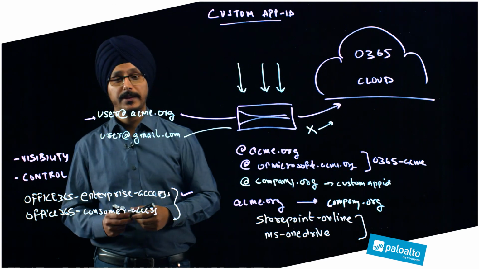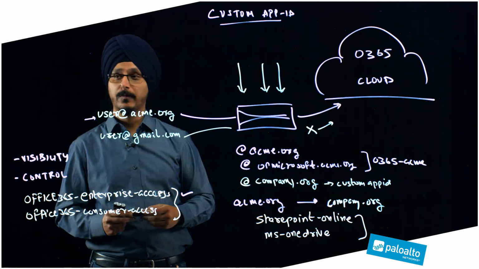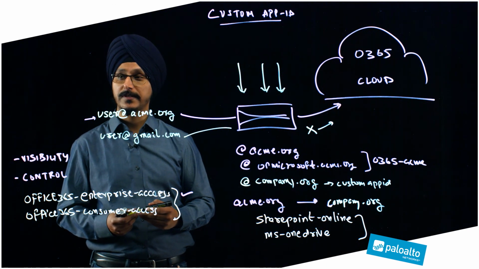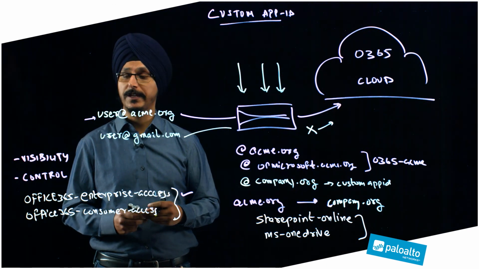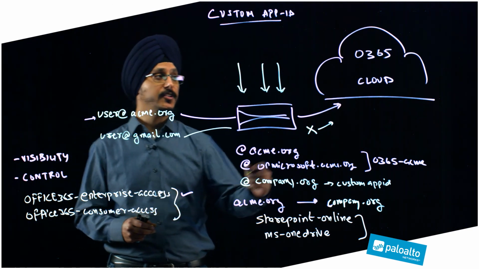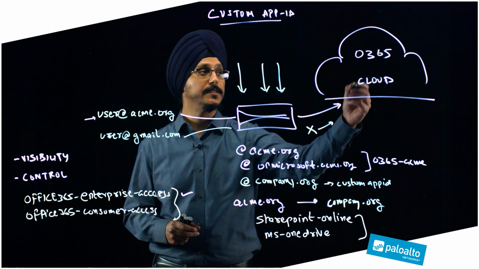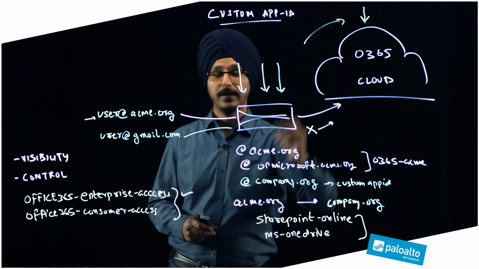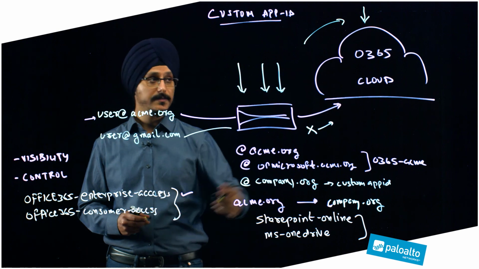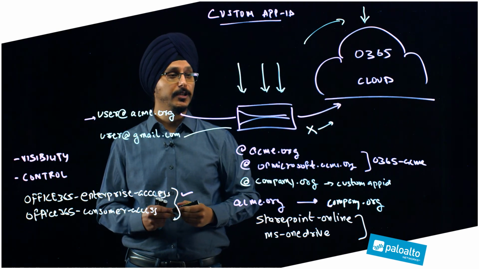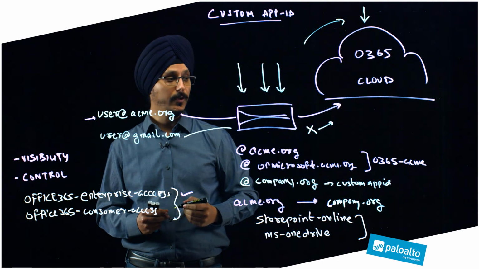However, with this kind of approach, what happens is that the control for controlling these applications, be it Google applications or Office 365 or any SaaS applications, directly shifts to the vendor that is providing the services. So the control moves from here to here, which is not a problem as long as the only thing you want is control.